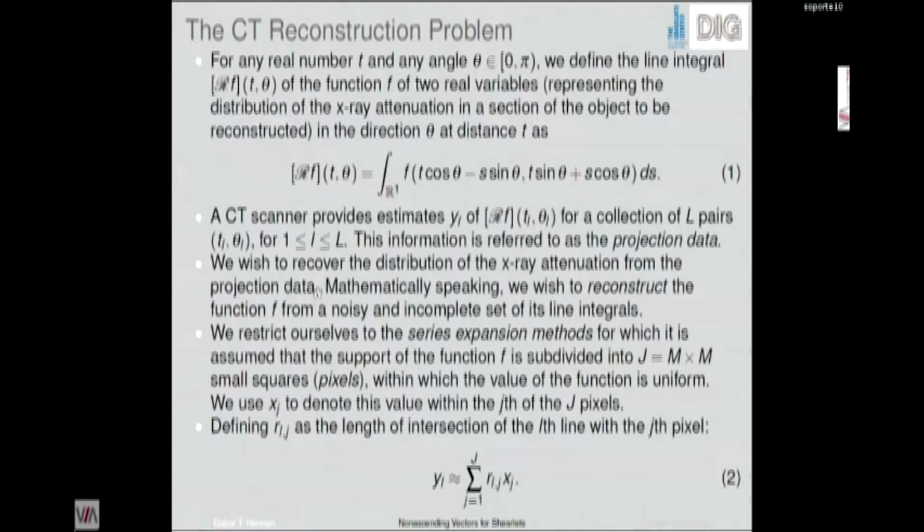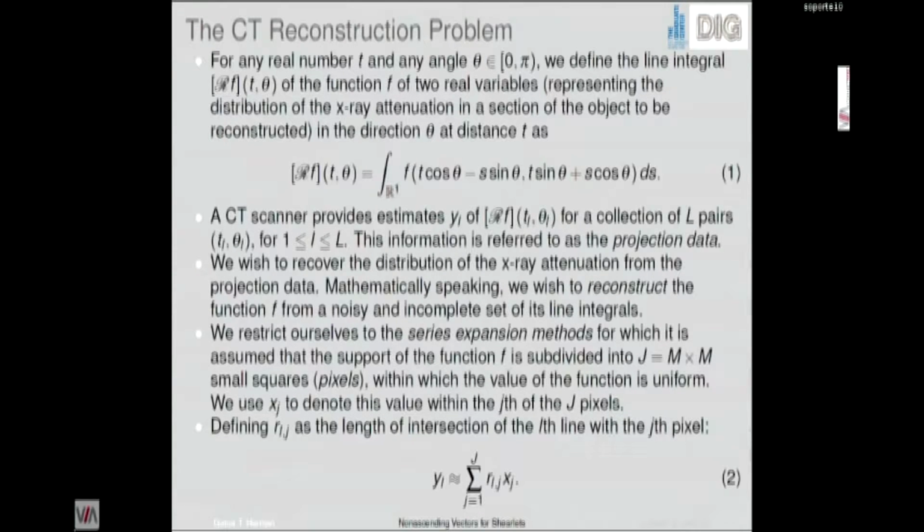And we wish to recover the f, which would be the X-ray attenuation coefficient, physically speaking. Another way of saying this: we wish to reconstruct a function f from a noisy and incomplete set of its line integrals.